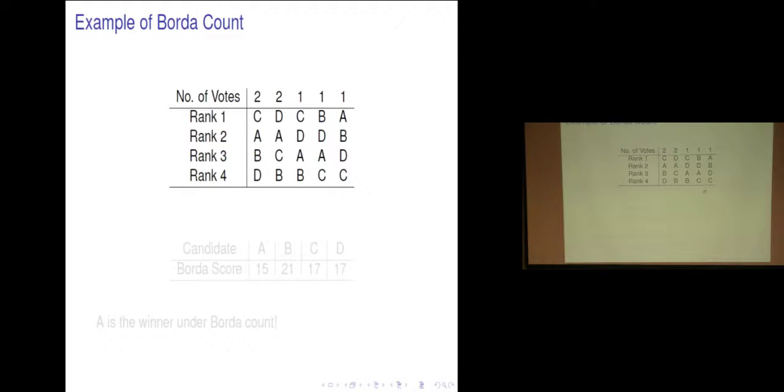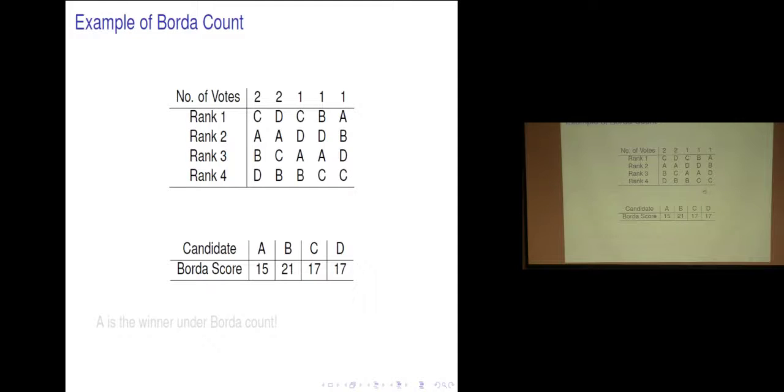Okay, so let's look at some examples. So example of Borda count. Suppose we have 4 candidates, A, B, C, D, and so there are 2 votes goes for this order, C, A, B, D. 2 votes for this order, and 1 each for the other.